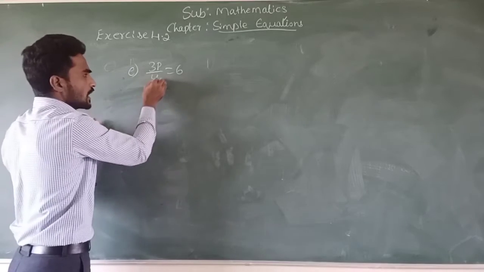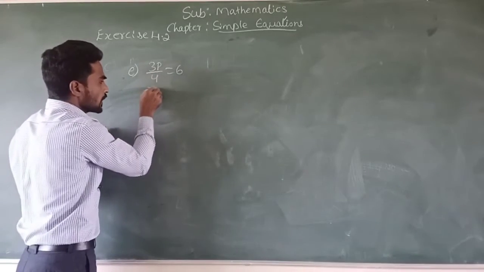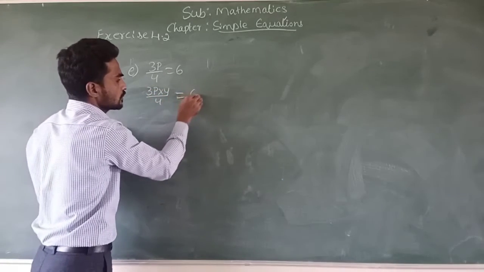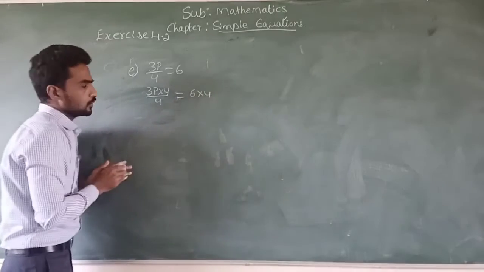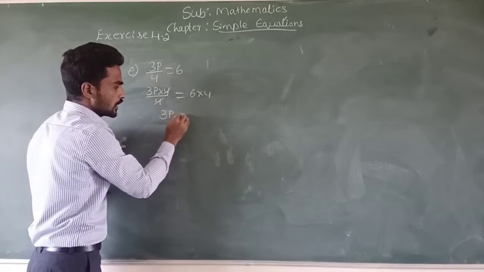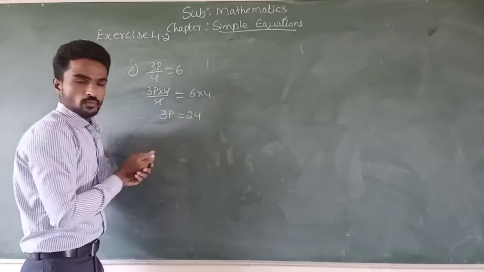For cancelling, first you can cancel this 4. You can multiply by 4 on both sides. 6 into 4. Now this 4 will be cancelled out. The remaining term is 3 into p is equal to 6 times 4, which is 24.